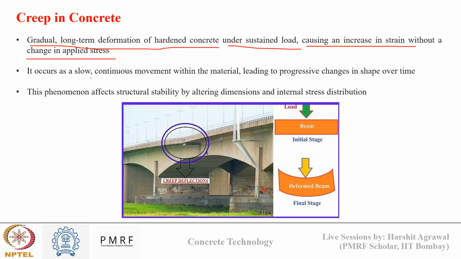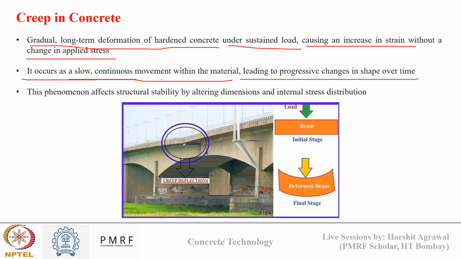Now this load may not even be near the failure load level, but since it is a sustained load acting for a long time, it results in deformation. As it is written in the second point, it occurs as a slow continuous movement within the material leading to progressive change in shape over time.